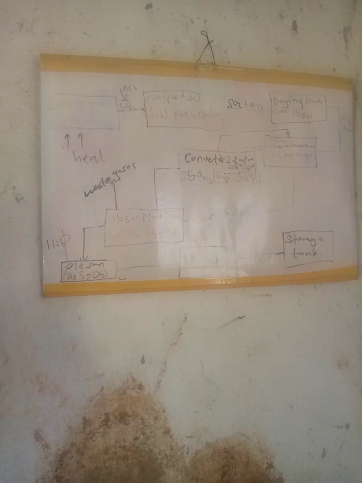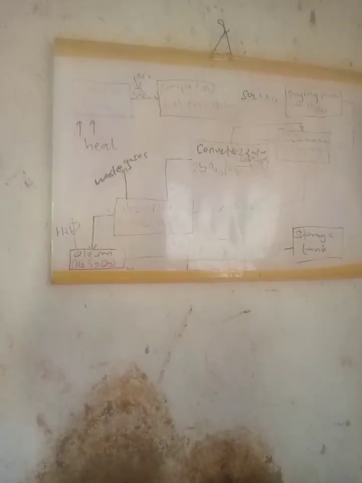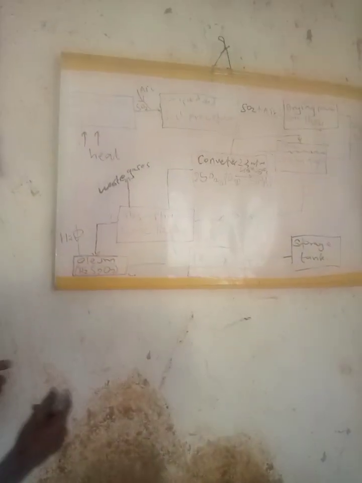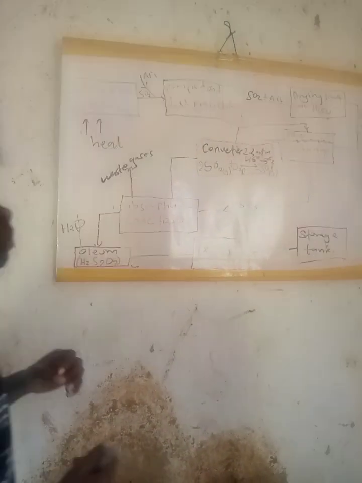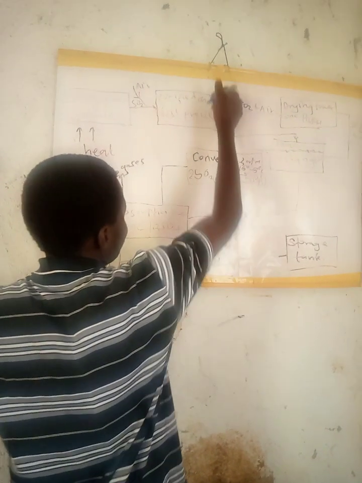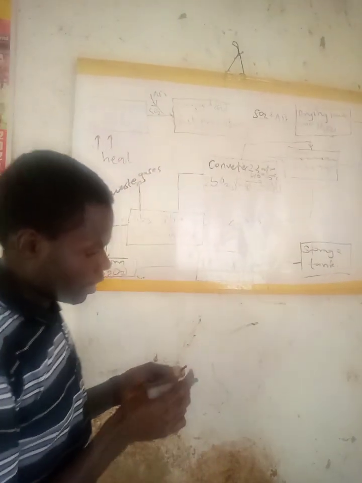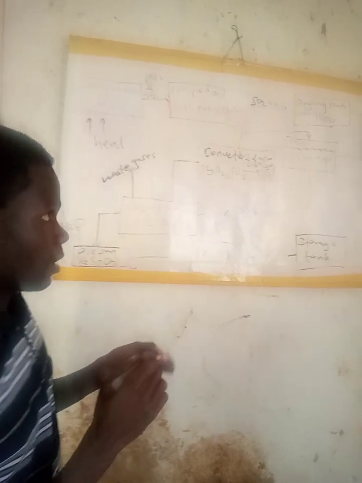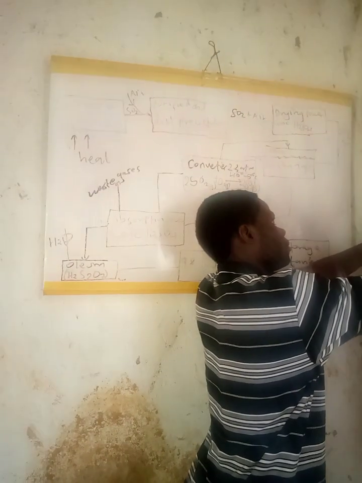Maybe you can be asked in an exam to give examples of substances that are removed at stage 2. These substances are known as impurities.